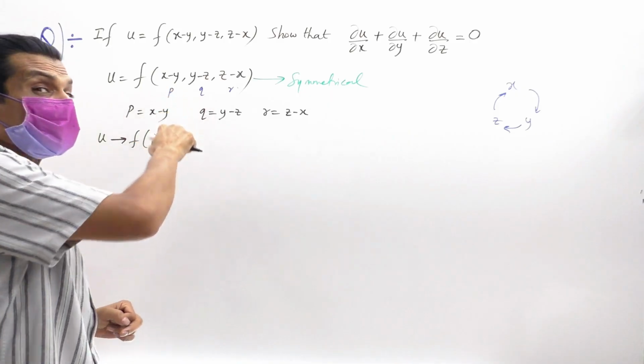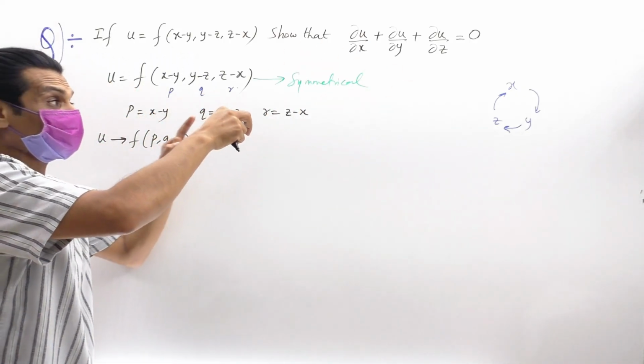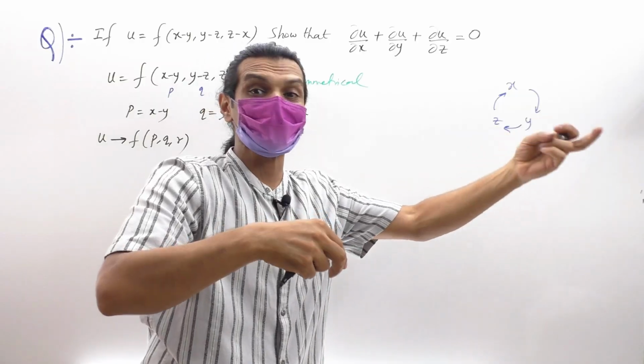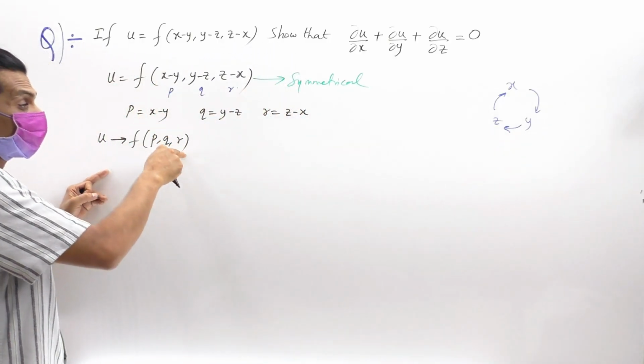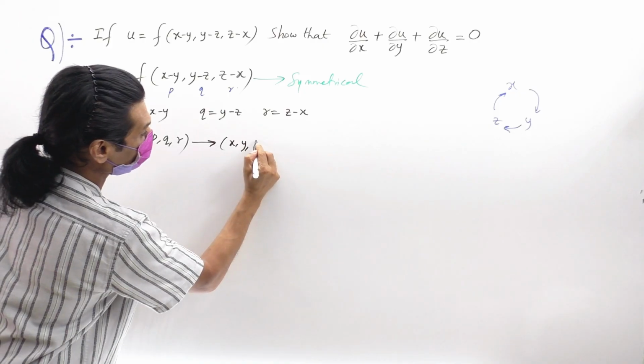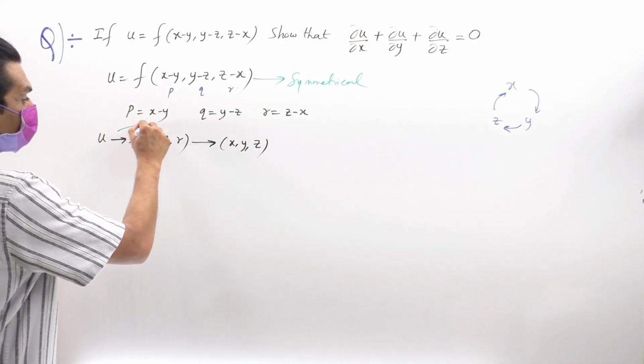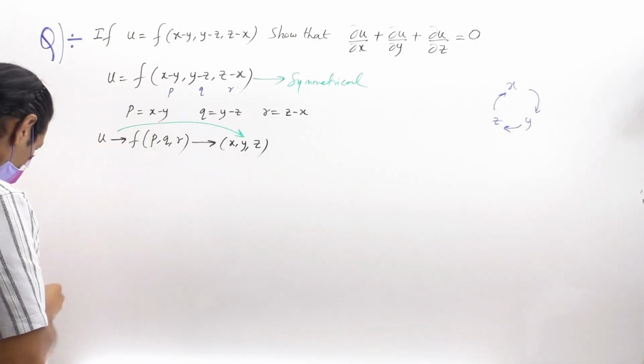But p, q, r are functions of x, y, and z. That means u is a composite function of x, y, z.